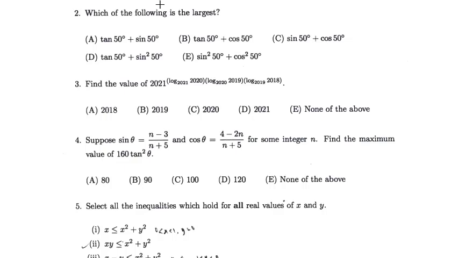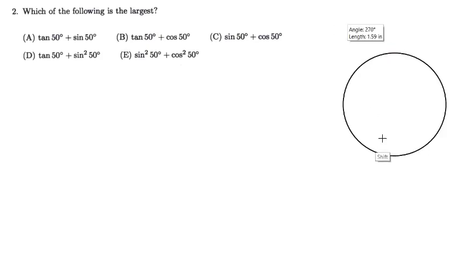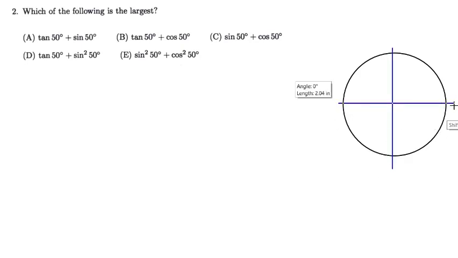Singapore Mathematical Olympiad SMO 2021 senior section first round, problem number 2. Which of the following is the largest? You can imagine the unit circle, for example if you have not solved many problems in trigonometry using the unit circle, you can draw it. If you want to know for 45, let me show you.